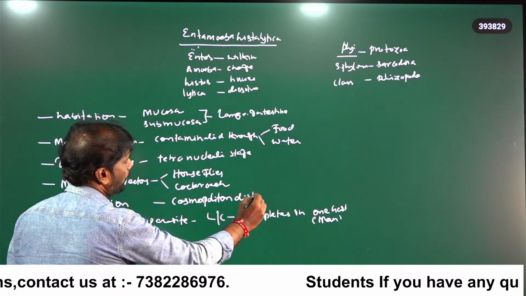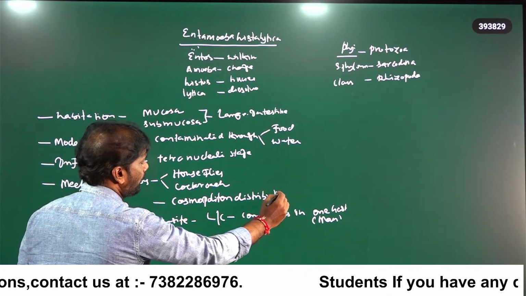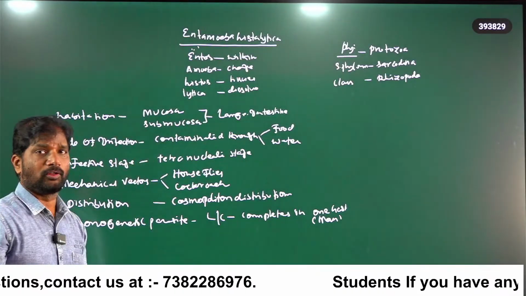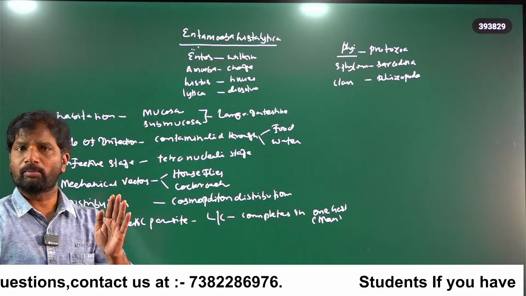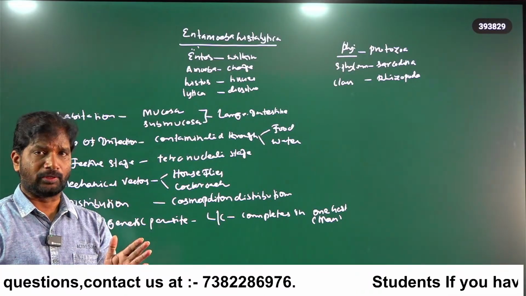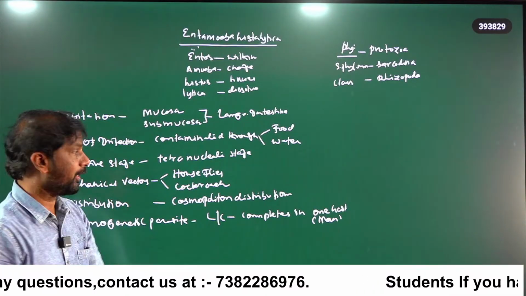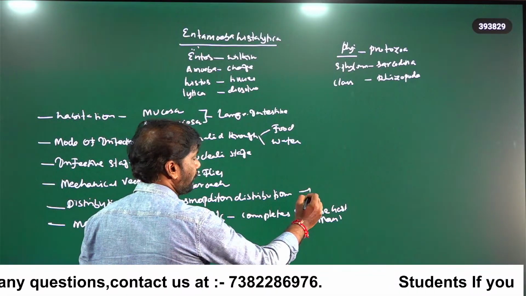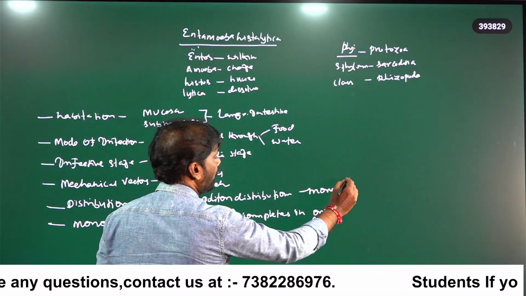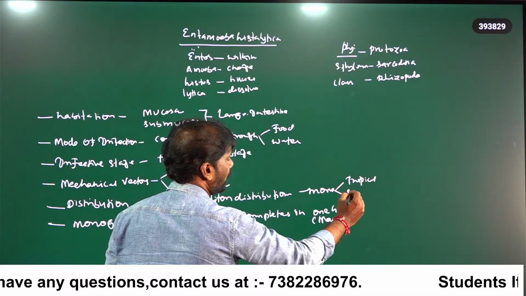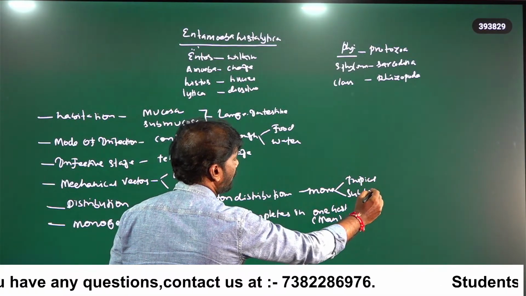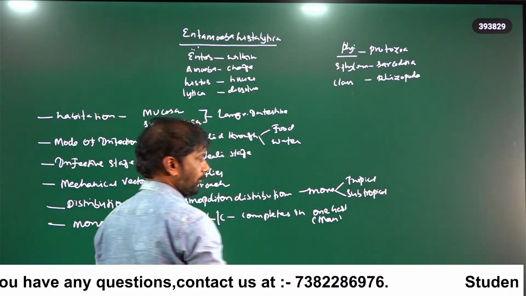Cosmopolitan distribution means throughout the world, wherever you go, Entamoeba histolytica will be present, especially more in tropical countries and as well as subtropical countries.